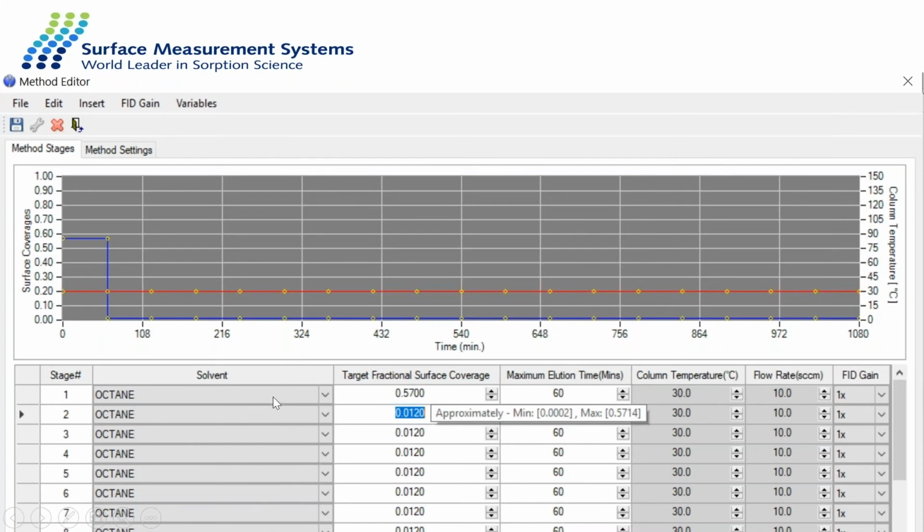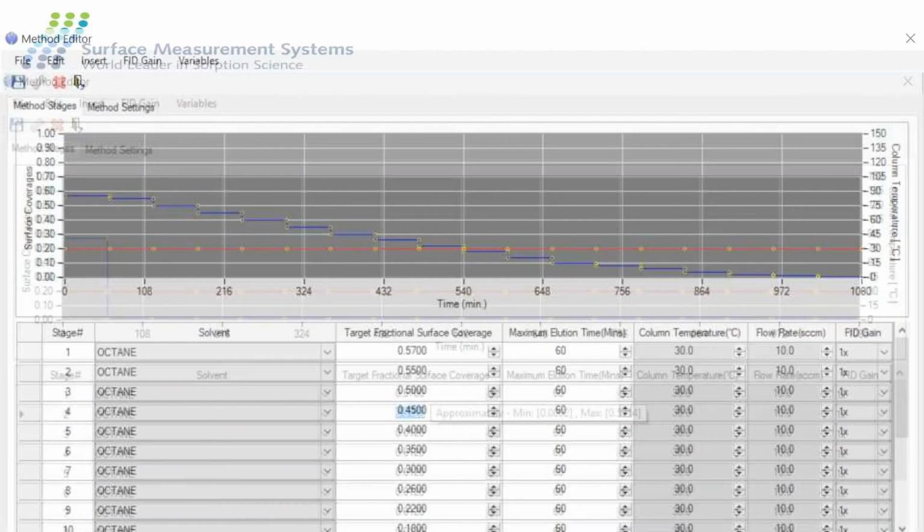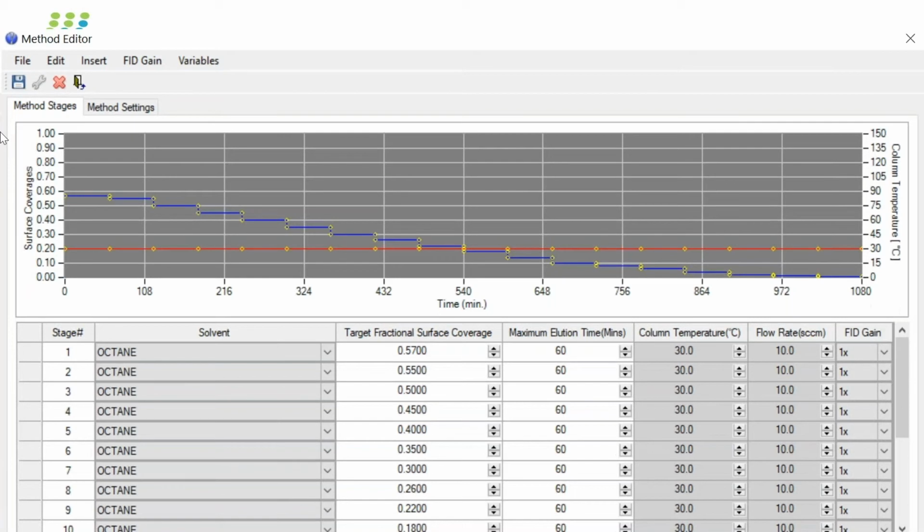I usually start with the highest achievable coverage injection, and then I reduce the concentration, going down to the smallest concentration.